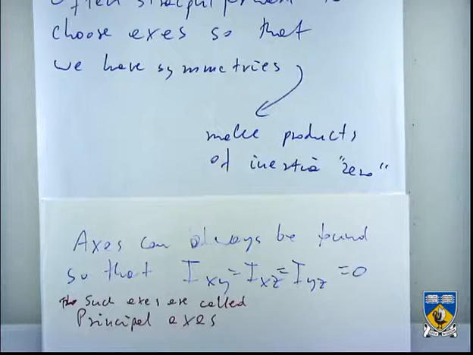So principal axes are always there. So everybody will have her or his principal axis. But where they are sometimes can be found by inspection, but sometimes one has to actually do the calculations.